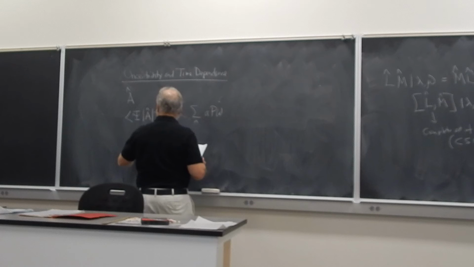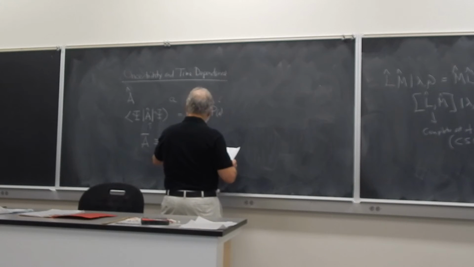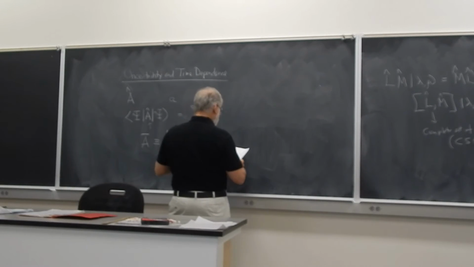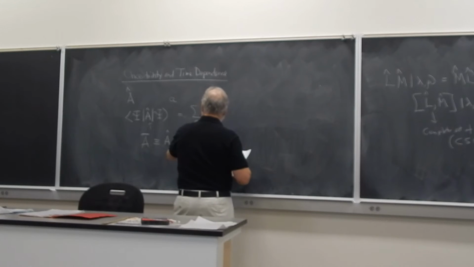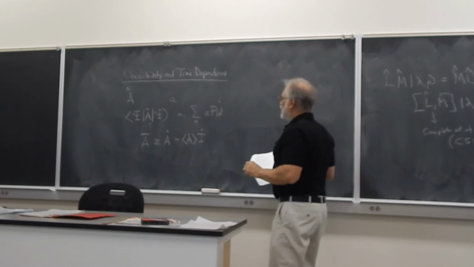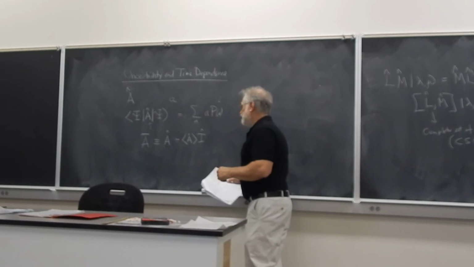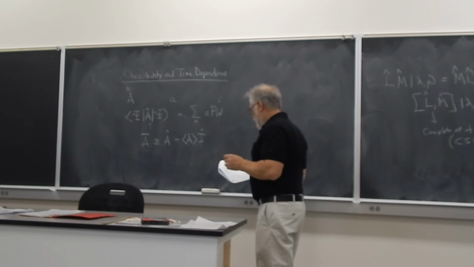Let's define A bar as operator A minus the expectation value of A times the identity operator. The eigenvectors of A bar will be the same as the eigenvectors are for A operator.